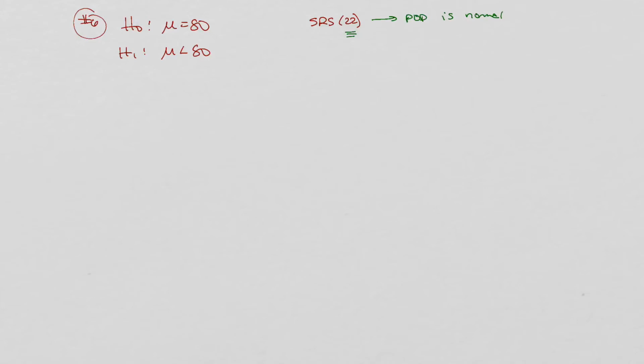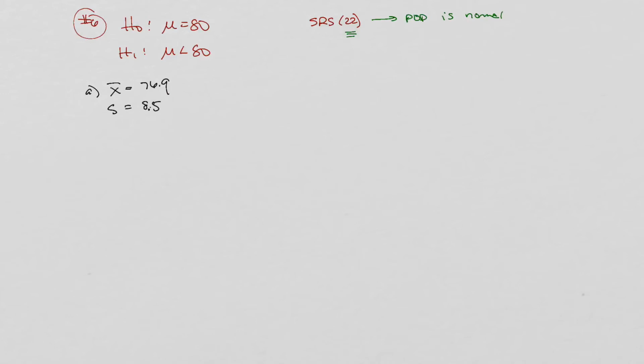For part A, we pull out a sample that had an average of 76.9 and a standard deviation of 8.5.